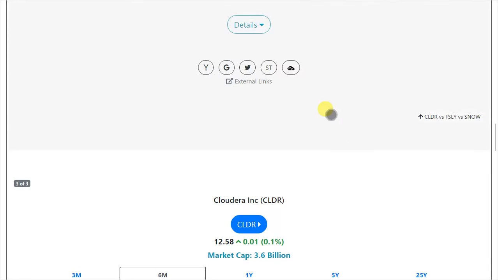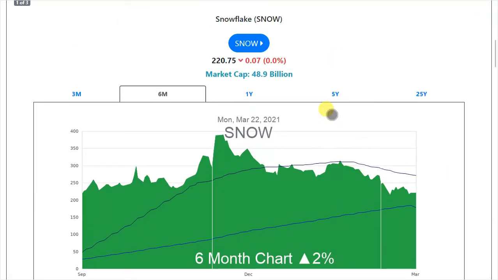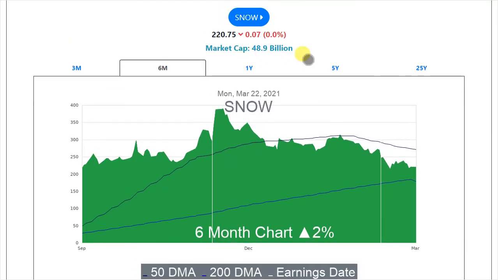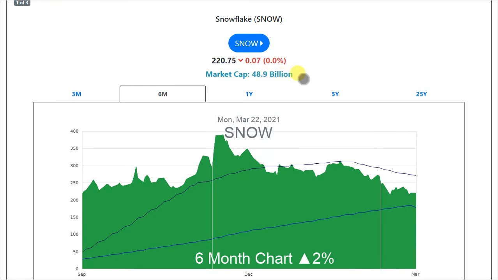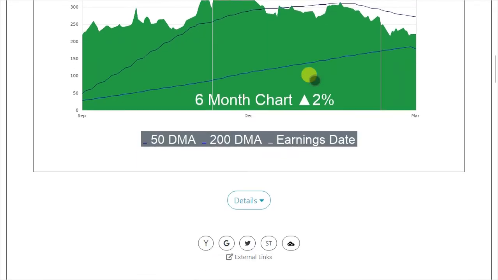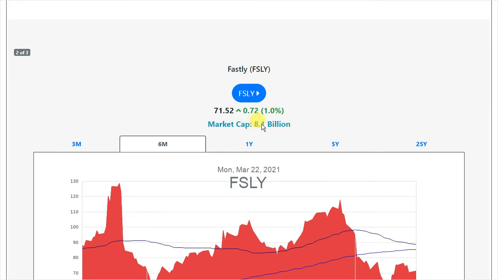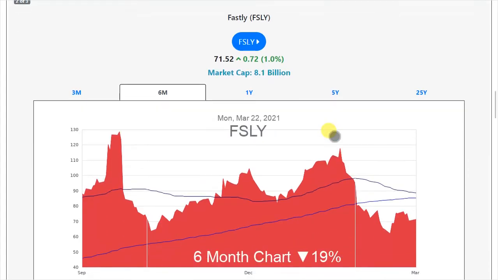There's a couple ways to look at market cap. You could say, well, Snowflake is the dominant player and has the lion's share of the market, so out of these 3 competitors you'd want to go with the larger market cap company. Another way to look at it is, they have a market cap of $49 billion, and maybe that's an opportunity for these smaller competitors to get a larger piece of the pie.